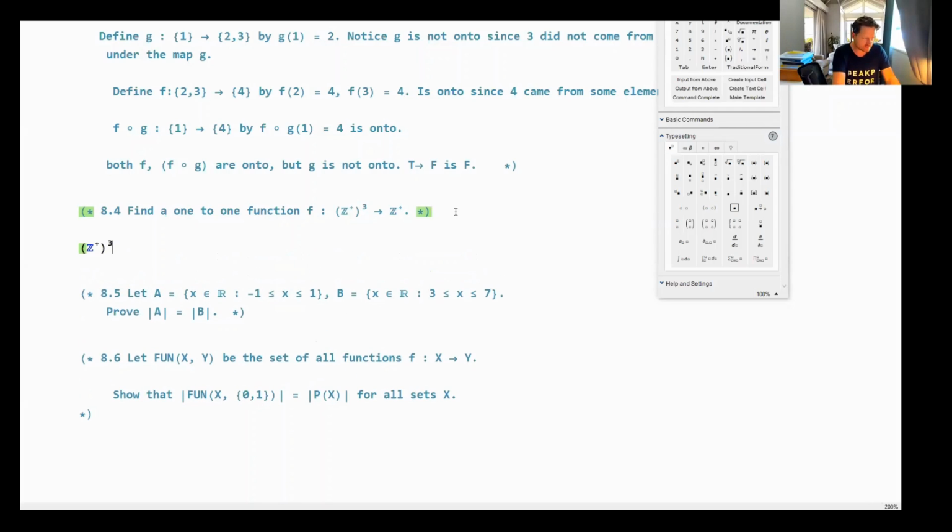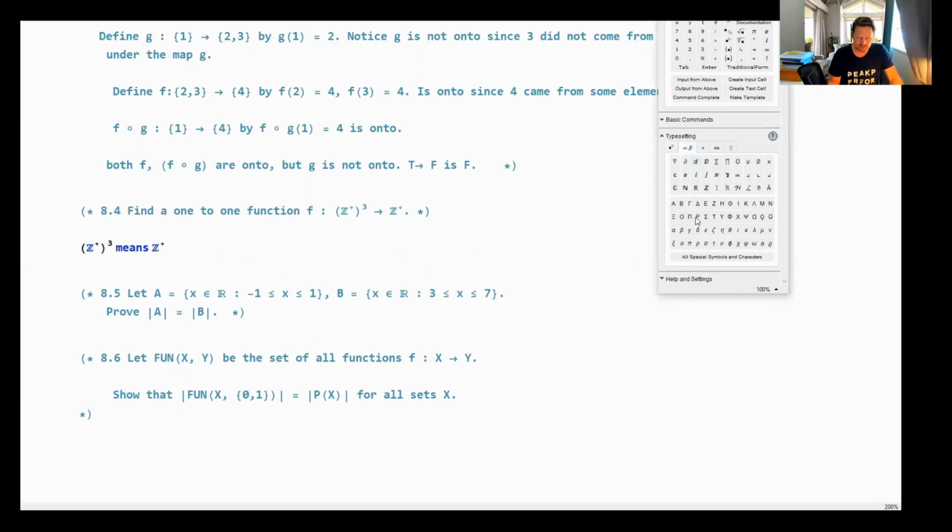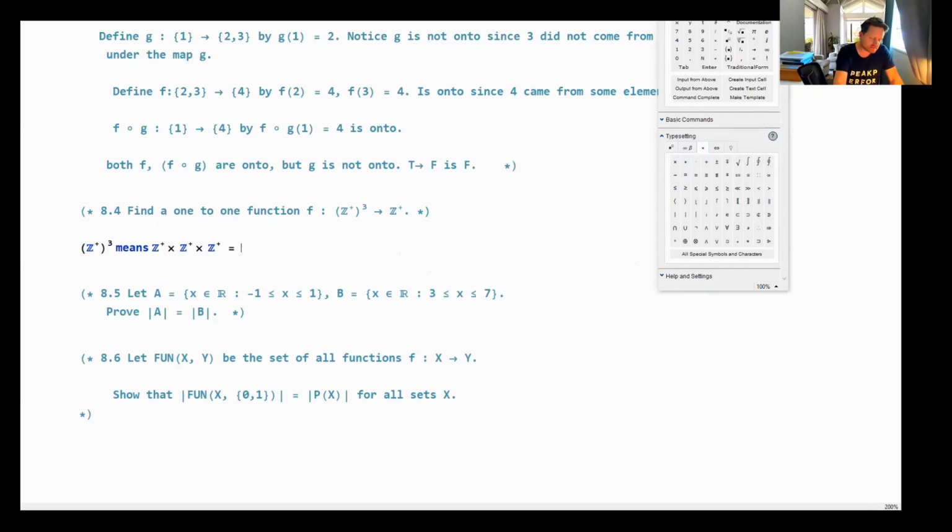In this case, it means 3 copies of this, the Cartesian product. This cross this, cross this. So 3 copies. This is the set of all triples, say A, B, C, such that A, B, and C are positive integers.